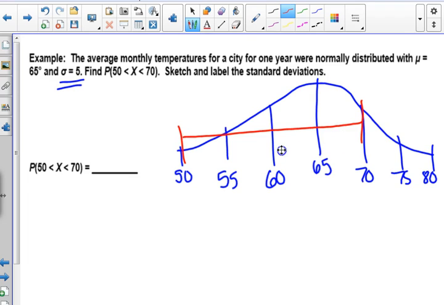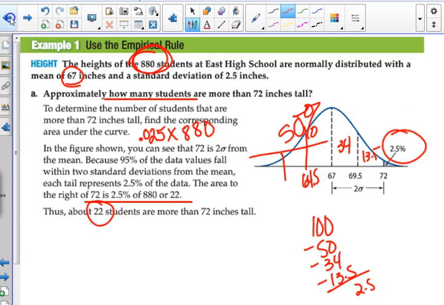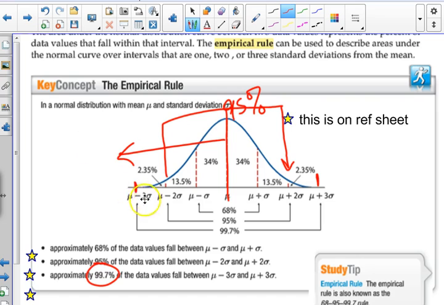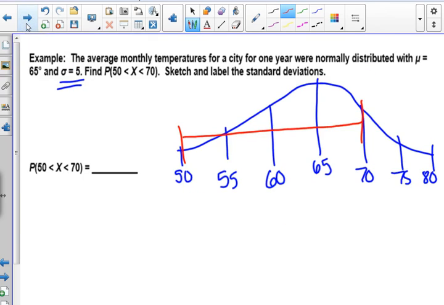According to the empirical rule, this is how much? It says 2.35, 13.5, 34, and 34, right? Is that what it said, guys? So if we add all that up, what do we get? 83.85.